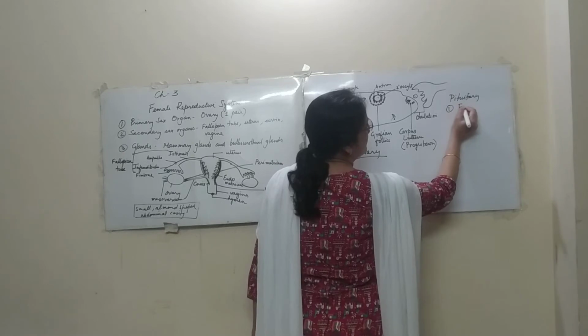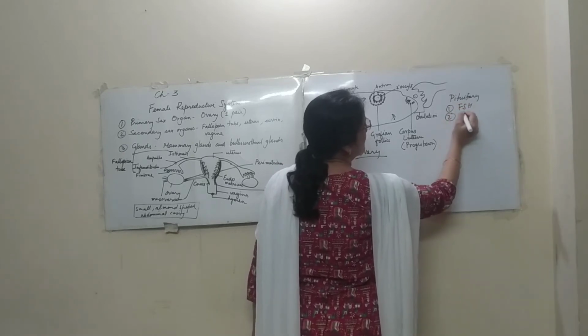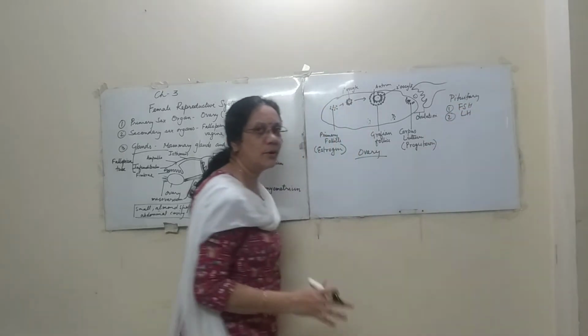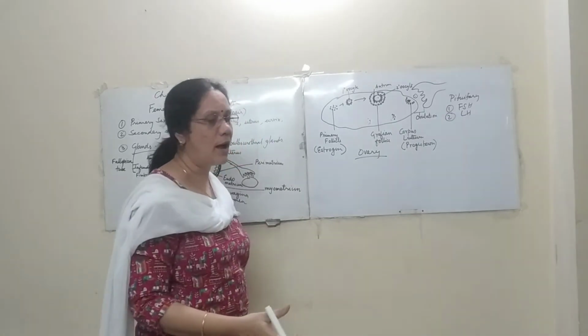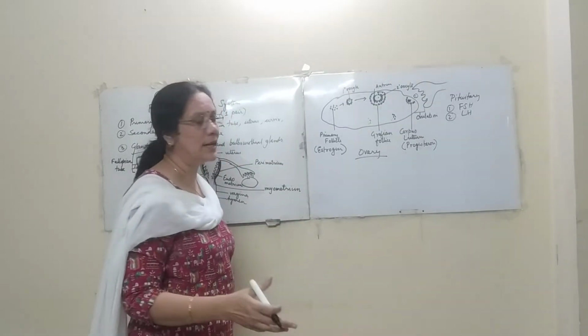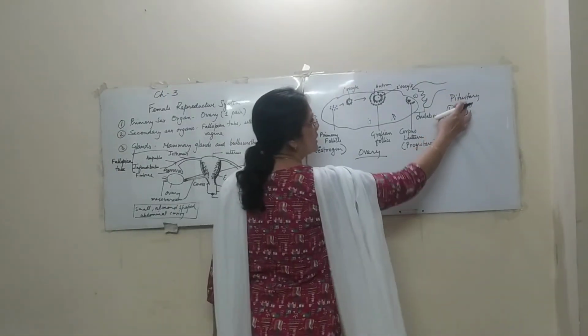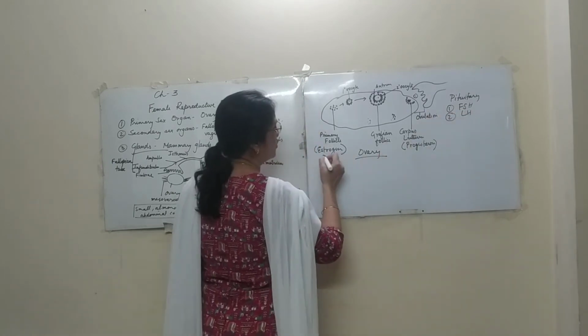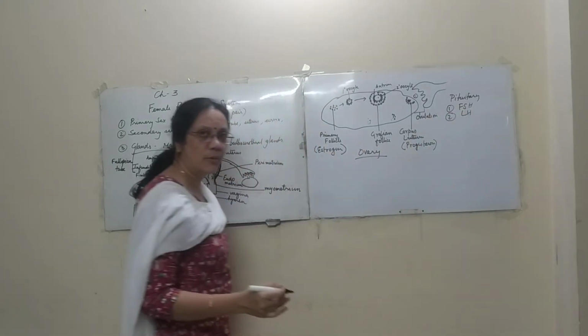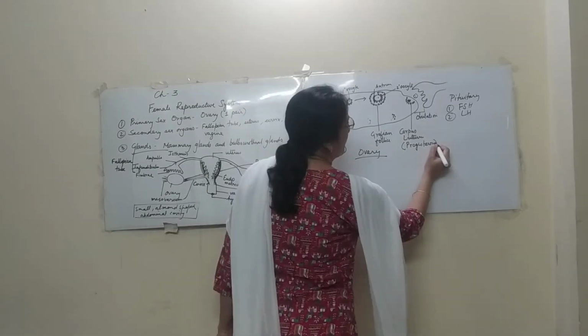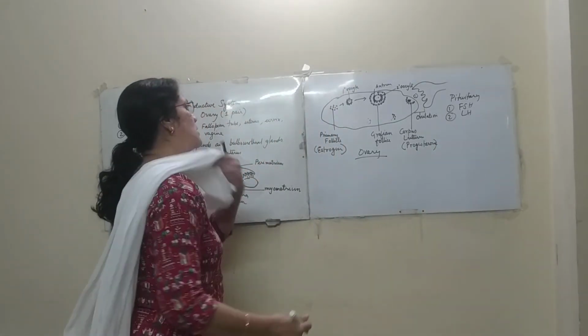The first one is FSH and the second one is LH. We will study this again after a few videos, the role of FSH and LH and these two hormones, estrogen and progesterone. Now, this was the structure.